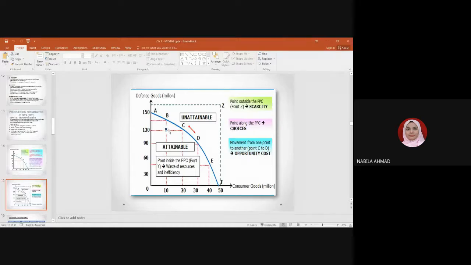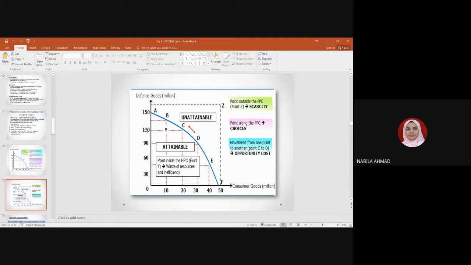Right? Okay, and movement from one point to another point is opportunity cost. Kalau kita nak beralih dari A to B, B to C, C to D, movement itu adalah opportunity cost. Maknanya contohnya kita nak produce consumer good dari 0 ke 10 ataupun daripada 0 ke 20 lah kita kena lepaskan berapa? 30 million defense goods.